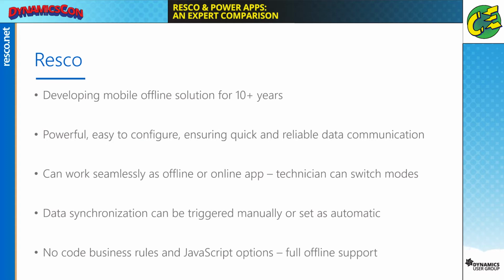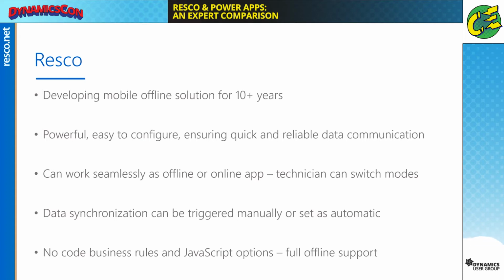But we also provide a lot of customization and configuration options. The Resco mobile application can work seamlessly as an offline or as an online application, and the technicians are able to switch between these two modes. The data synchronization can be triggered manually or can also be set as automatic. For example, it can be triggered by an update of a specific work order or something similar.